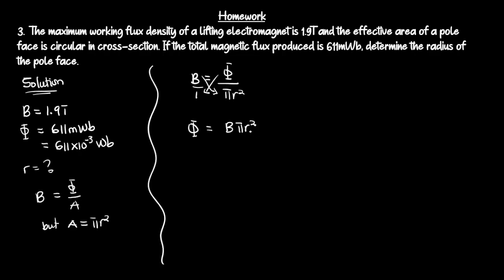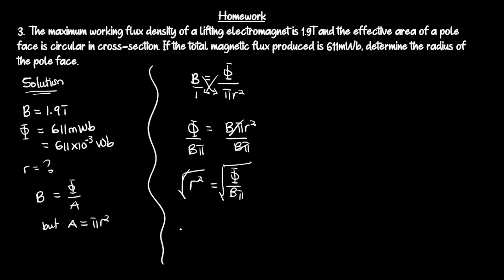To just leave r squared alone, I divide both sides by B pi. So this will cancel this, and my radius squared will be equal to phi over B pi. Now I want my radius, not the square of it, so I introduce the root sign to both sides.